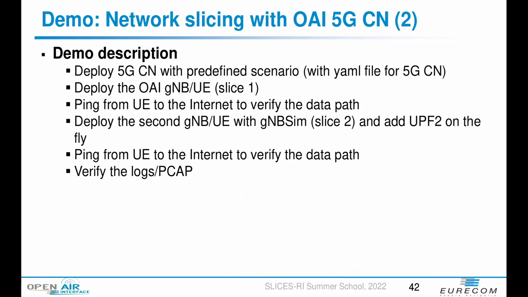Because we don't have the UPF yet, I will show you that we can add the UPF on the fly, so that we create slice number 2 on the fly and support the request. We do all of this manually. So let's go for the demo.